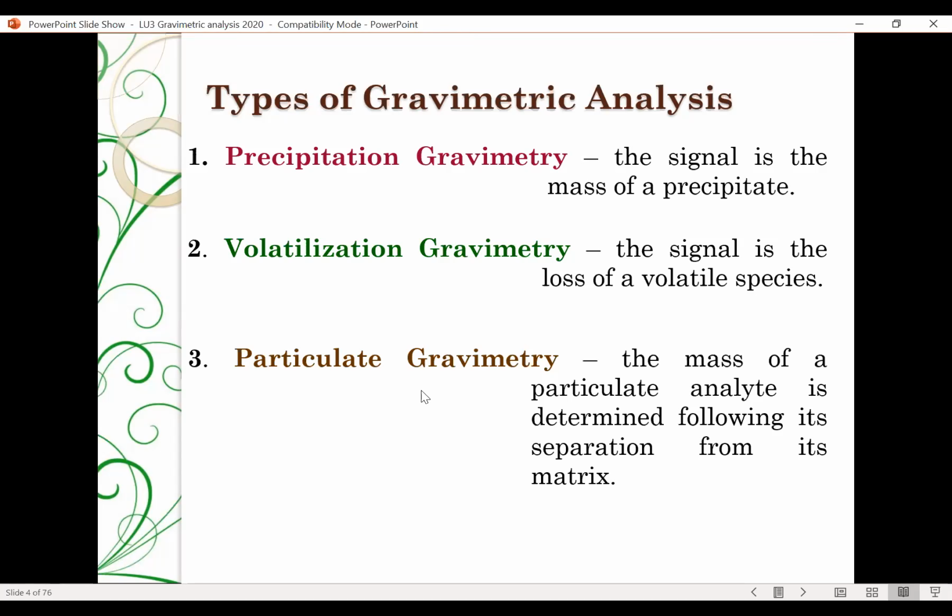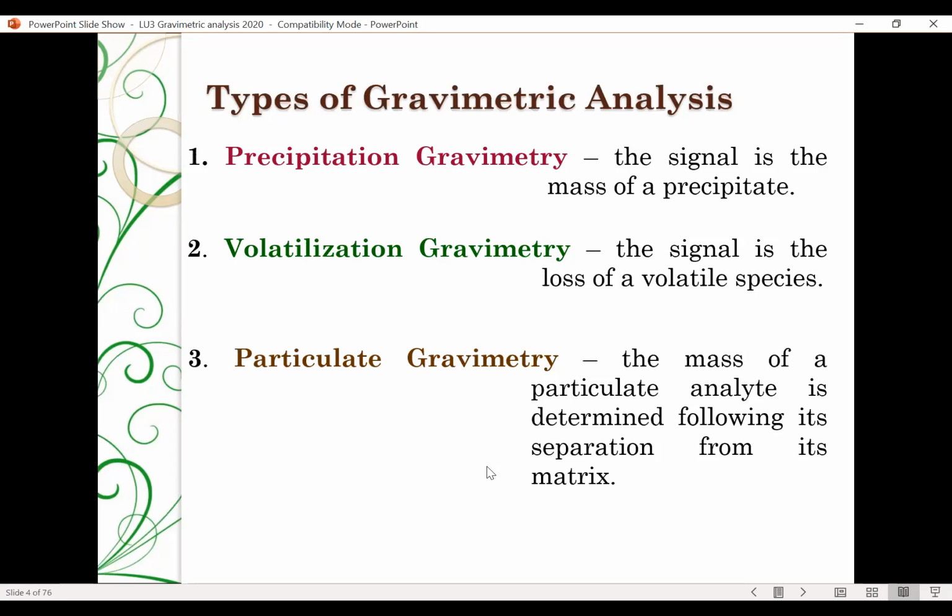The third one that we are going to cover in this learning unit is particulate gravimetry. It is about the mass of a particulate analyte determined following its separation from its matrix.